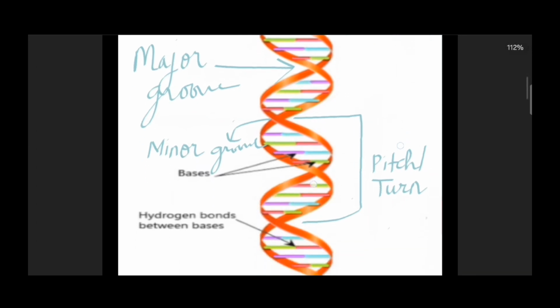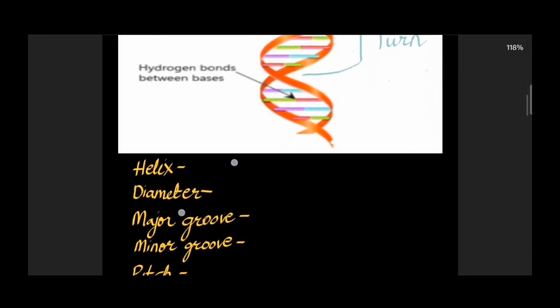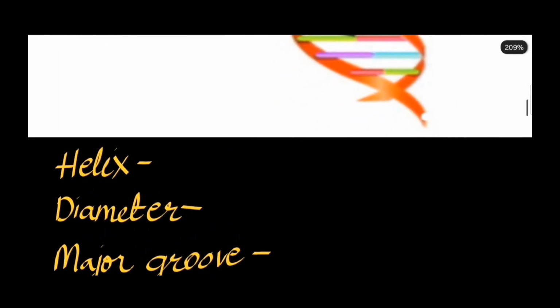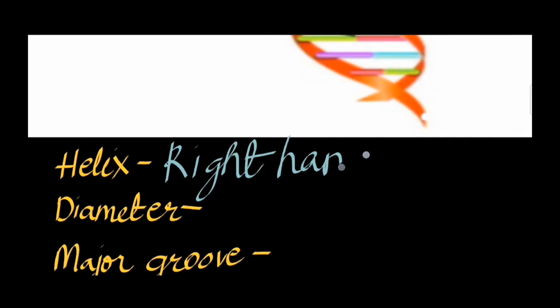Now I'm going to remove this because I have to write down certain details. When I talk about the helix of this particular bDNA, I'm going to say that this is a right-handed helix, which is anti-clockwise in direction, right?